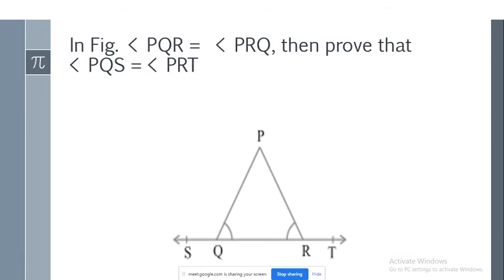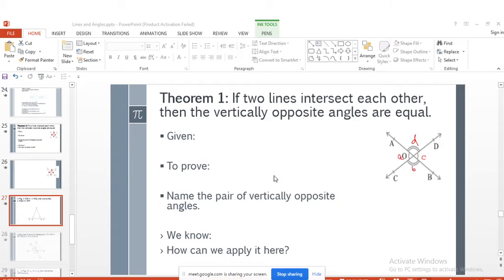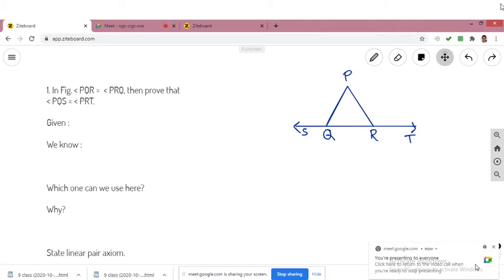So now let's do a problem. In this figure, let me show you in a bigger view.